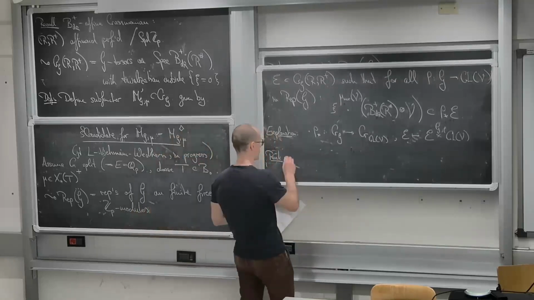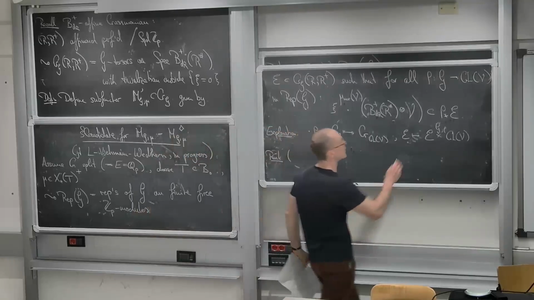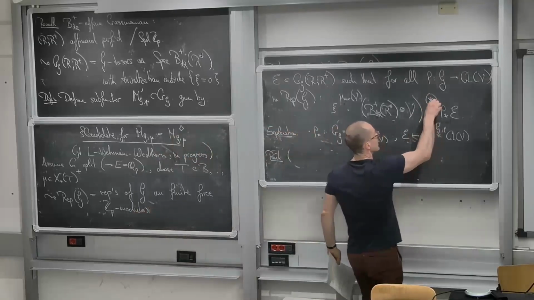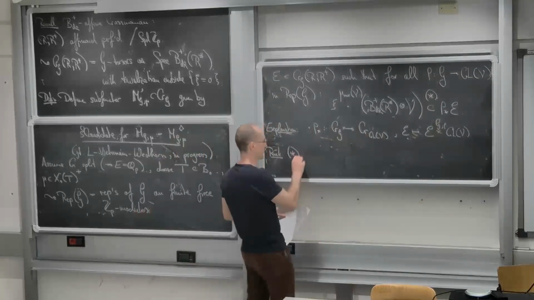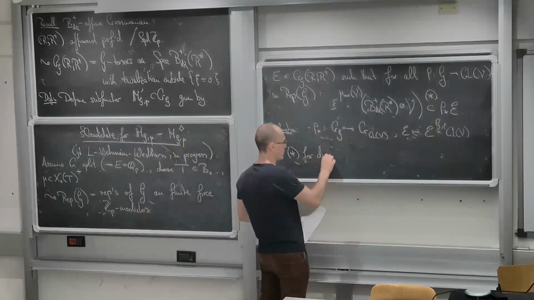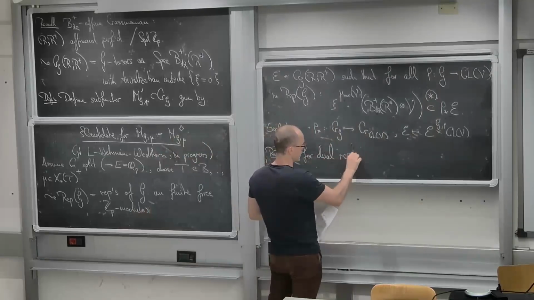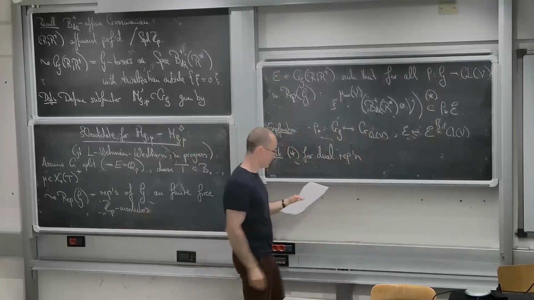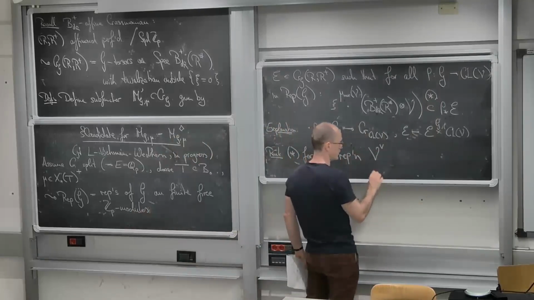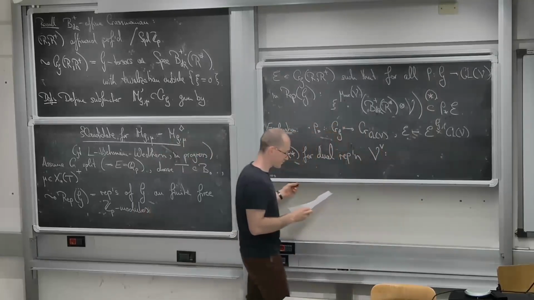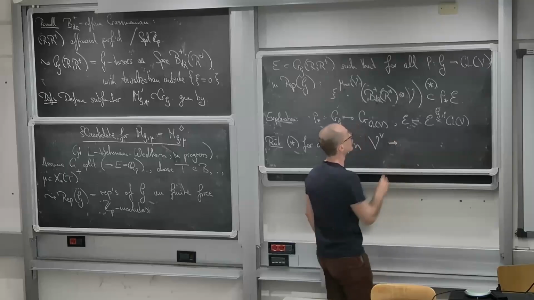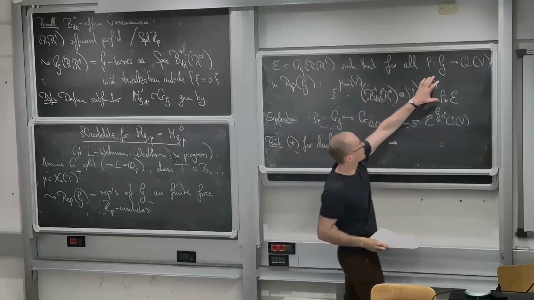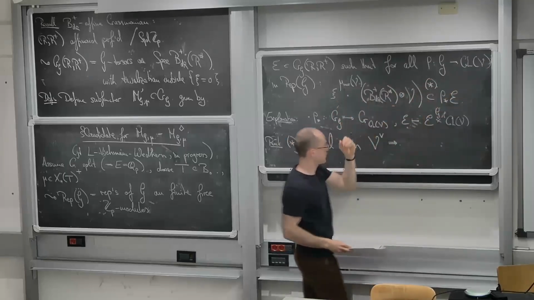Okay, so there's a remark. Let me name that condition star here, star for the dual representation. So this here holds for all representations, in particular for the dual representation.